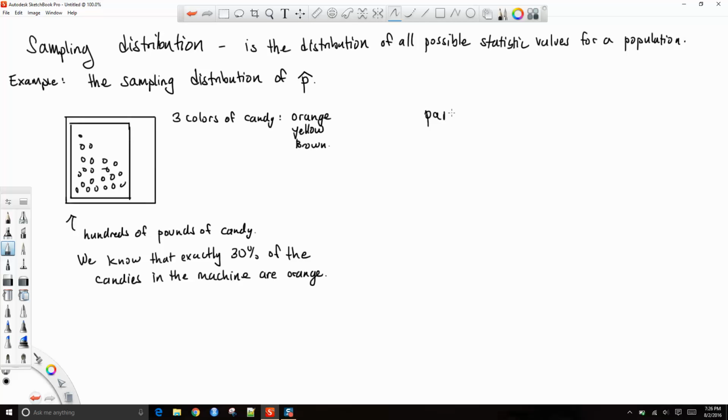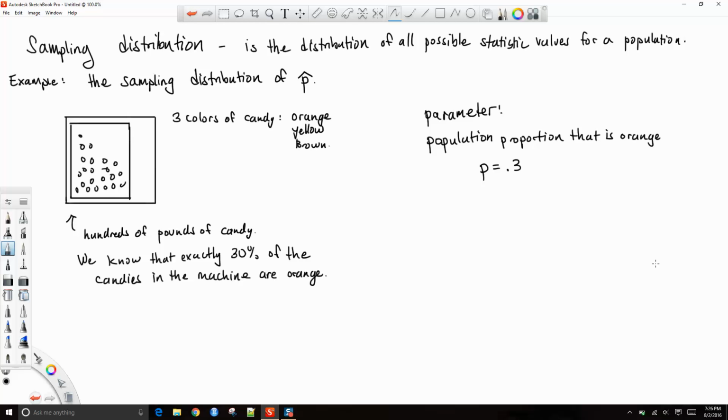Yeah, the parameter is the population proportion that is orange. So we're going to say that P is equal to 0.3. Is that okay so far?